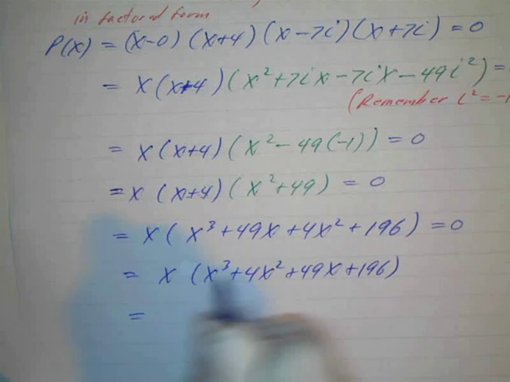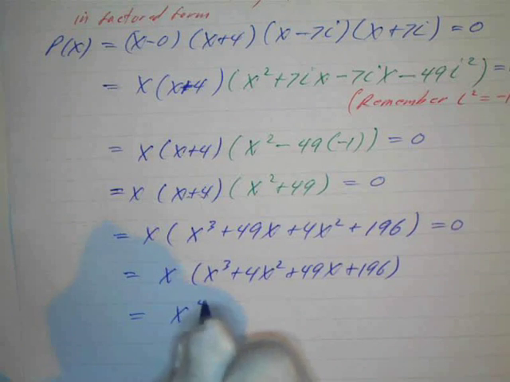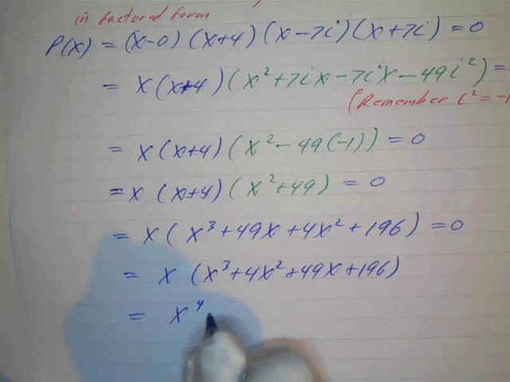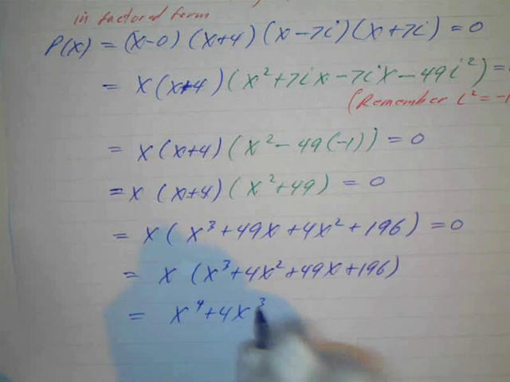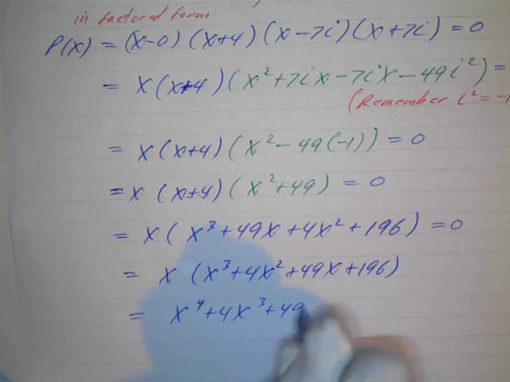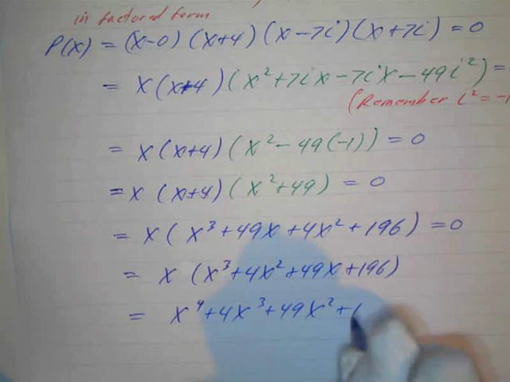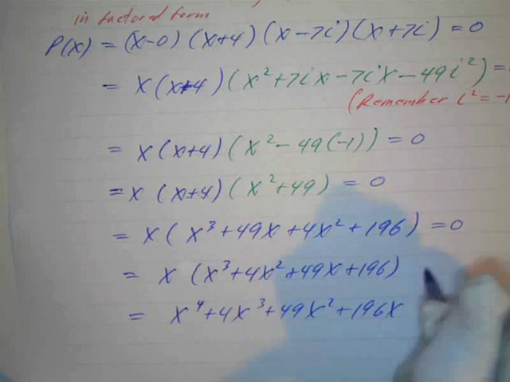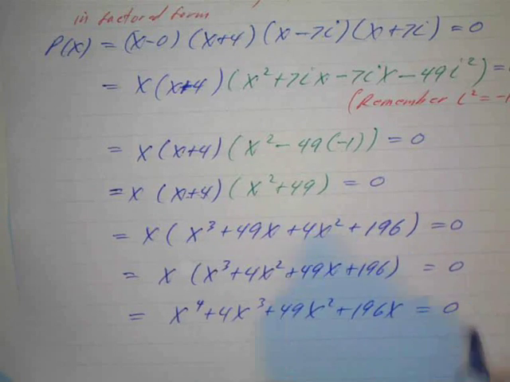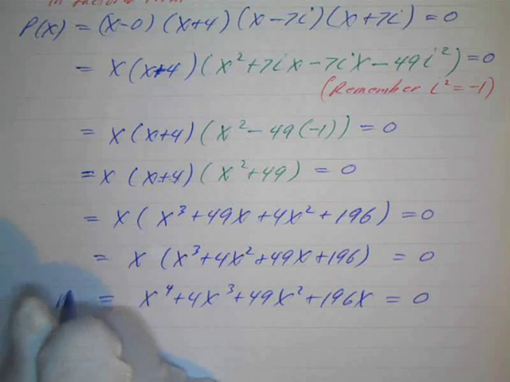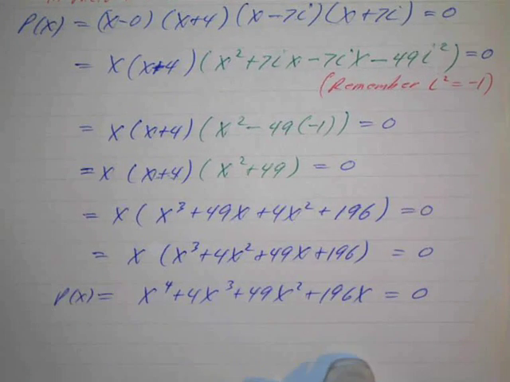I just add 1 to each exponent, so I get x to the 4th plus 4x cubed plus 49x squared plus 196x, and that's equal to 0. And then there's your equation with those roots.